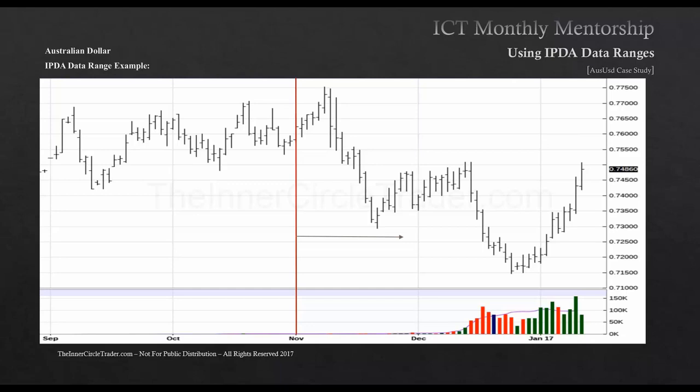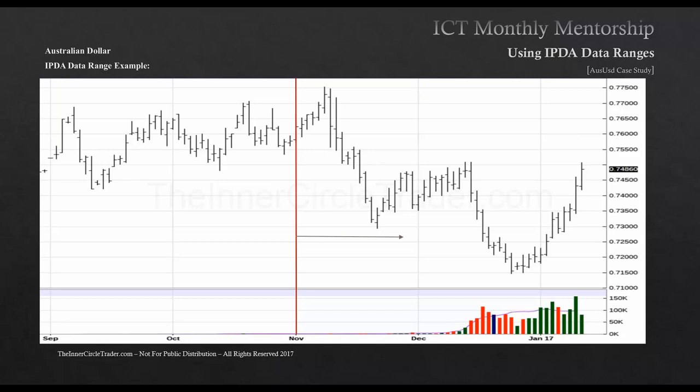The IPDA data range, what it's really doing is highlighting for you as the trader, you're going to try to mimic what this algorithm's doing. It's looking for the liquidity in the range of 60 days in the past. Where are the sell stops in the last 60 days?